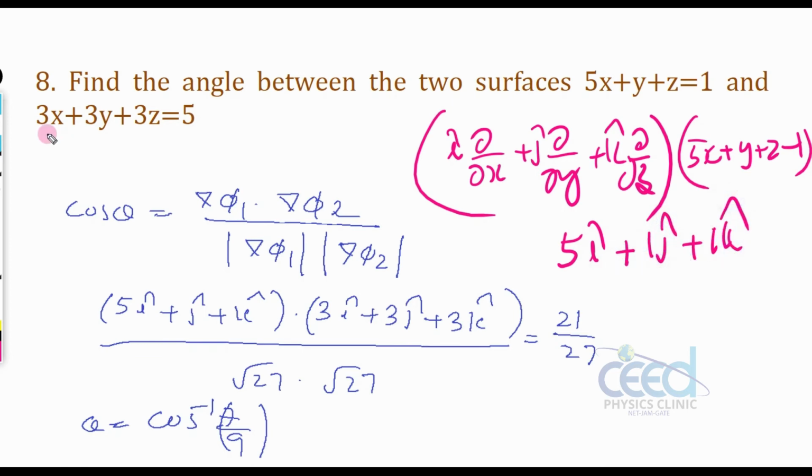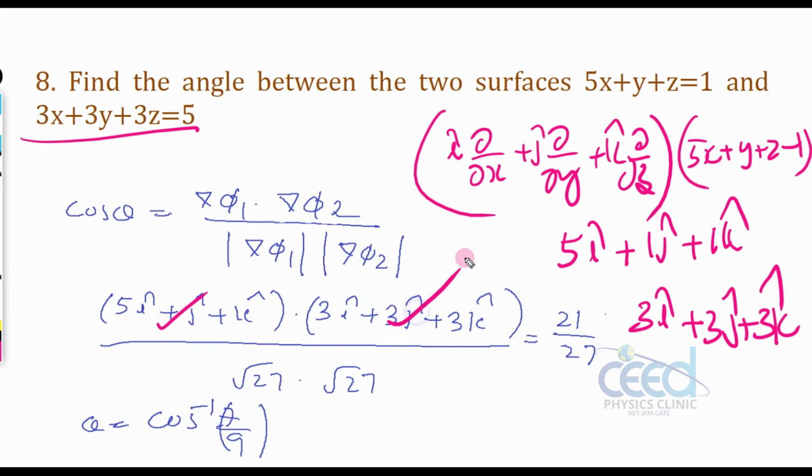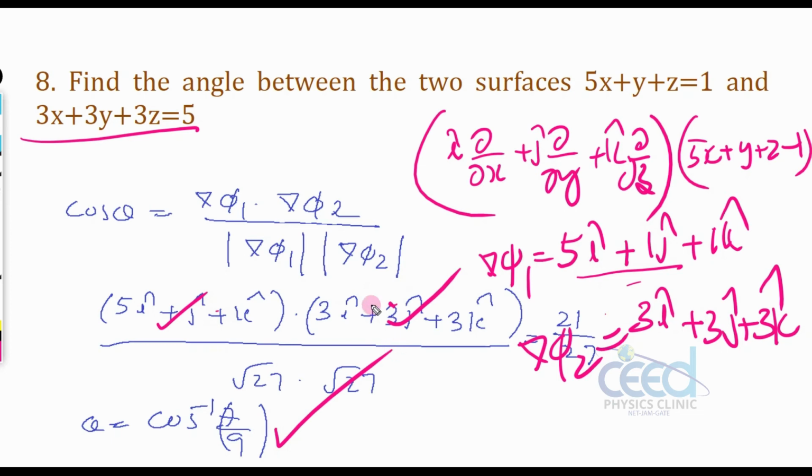For the second surface, if you do the same, I will get 3 i cap plus 3 j cap plus 3 k cap. So these are the values. Now you find the mod value of this. This is del phi 1, this is del phi 2. Now del phi 1 dot del phi 2 divided by its modulus, you divide, then you will get the answer like this.